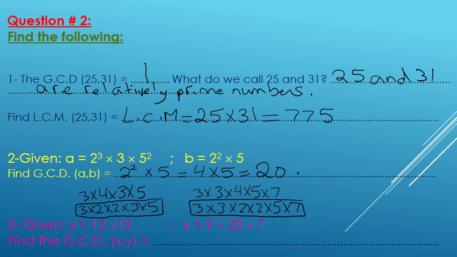In the second, we have 2 times. What do we take? 2 times, so we write 2 times 2. In the first, we have 3 times, in the second, 3 times. We take 3 times 3. We have 5 one time, 5 one time. We take 5 one time. Do we take 7? Why? Because 7 is not common, so this is the GCD.